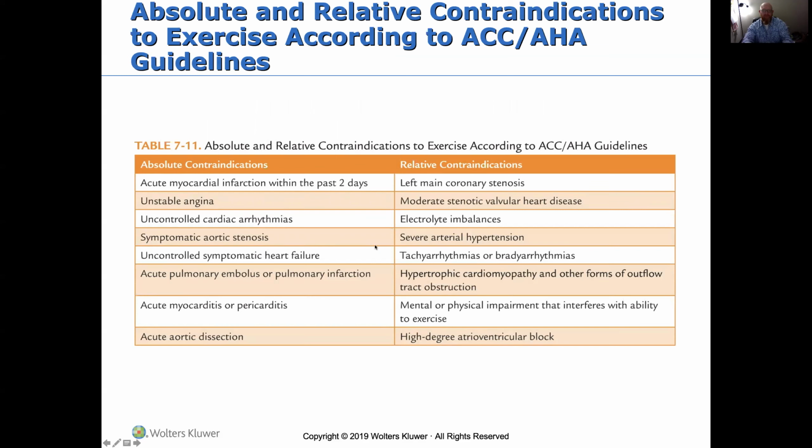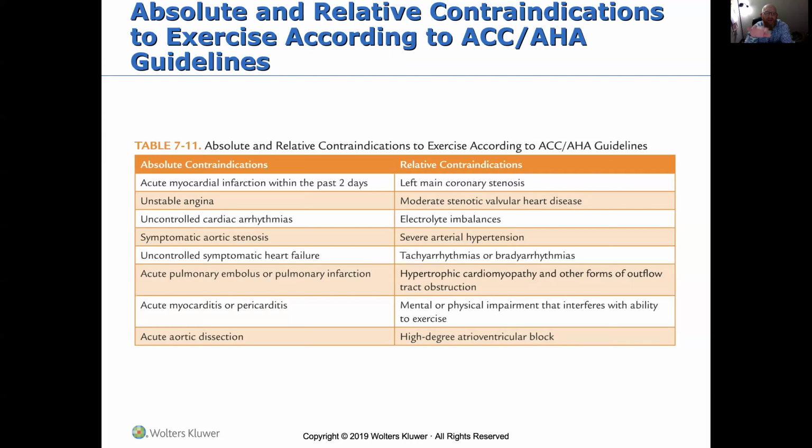So contraindications are things that say, uh-oh, we have a problem here, basically. And there are absolute and relative contraindications for most of these scenarios. Contraindications here are in reference to exercise according to guidelines that have been given to us.